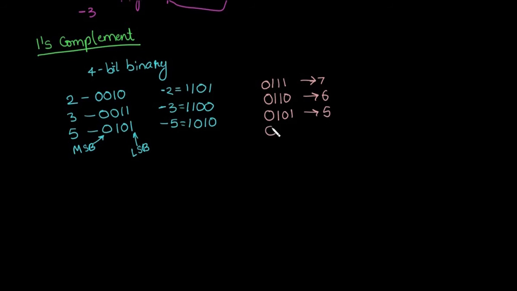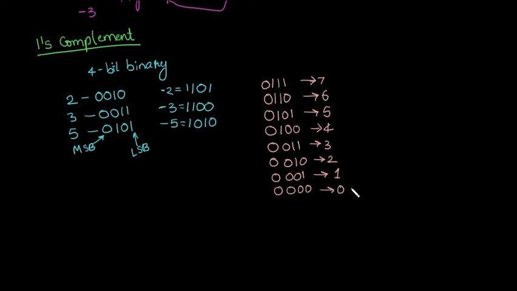The next value is 0 1 0 0, which is 4. 0 0 1 1, which is 3. 0 0 1 0, which is 2. 0 0 0 1, which is 1, and 0 0 0 0 is 0.